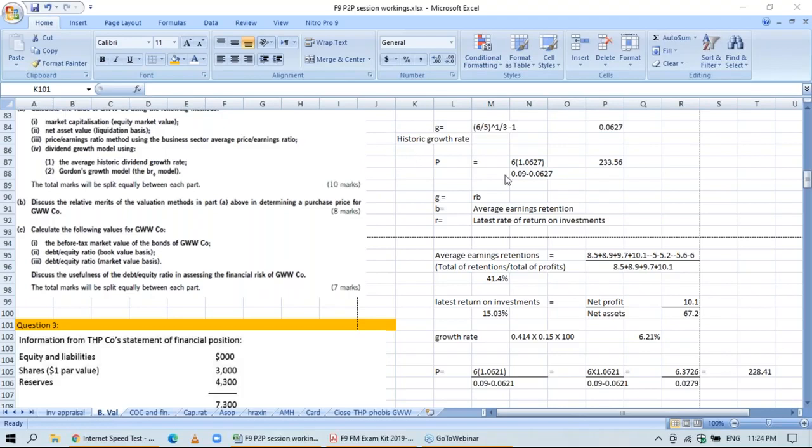You can just copy this out, the dividend growth rate using the Gordon's model, and then we will continue in the next class.